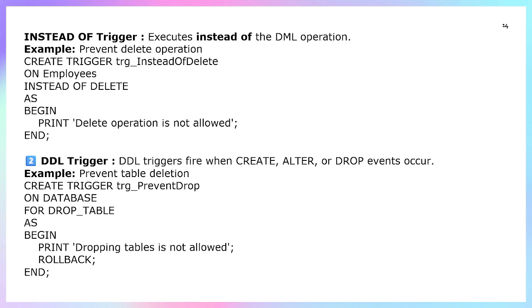Or if you don't want any record to be updated, at that time you can use a trigger for that as well. So create trigger name, whatever the trg, instead of trigger on the table name, instead of, and here you can use insert, update, or delete, whatever you want.